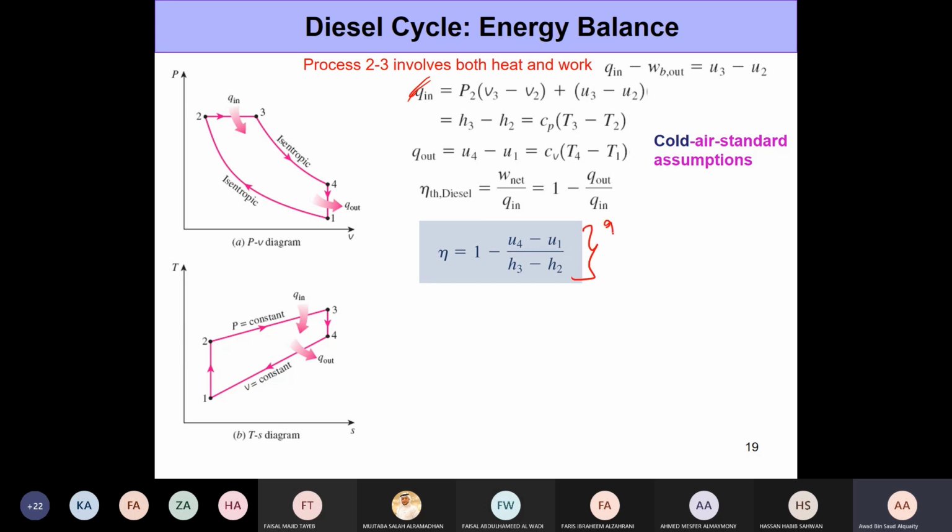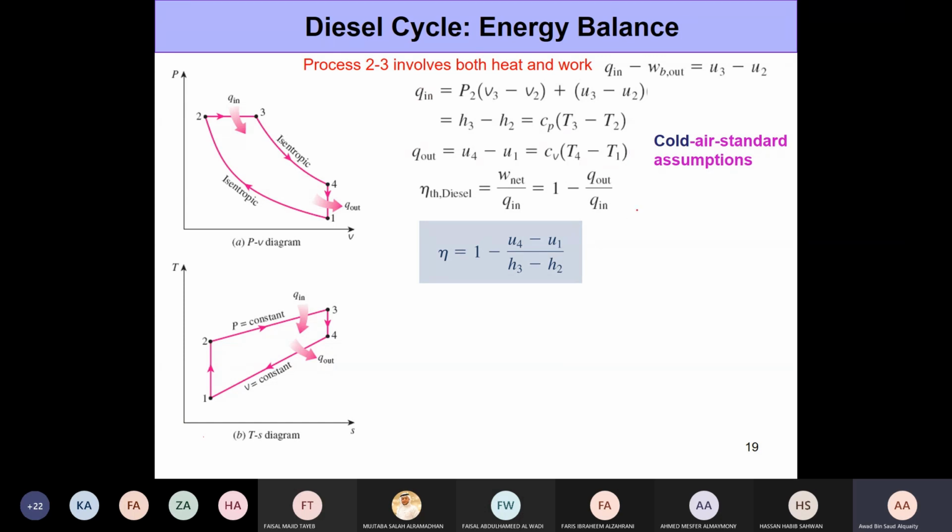Now this is the general formula, okay, and this is always true. We can certainly simplify it and write it in terms of temperature differences if the question mentions constant specific heats. Of course, this will become more clear when we solve the problem, which we will be doing in the next class.